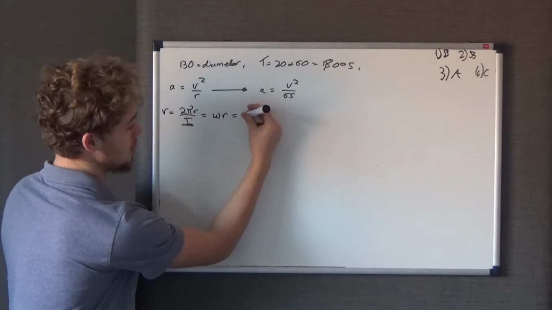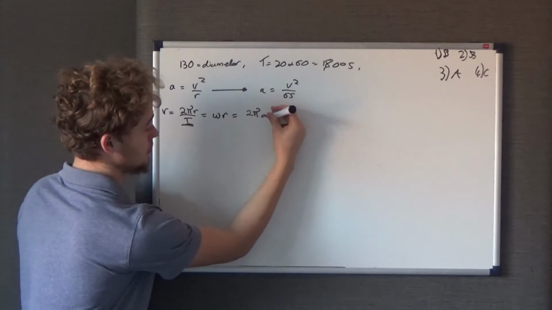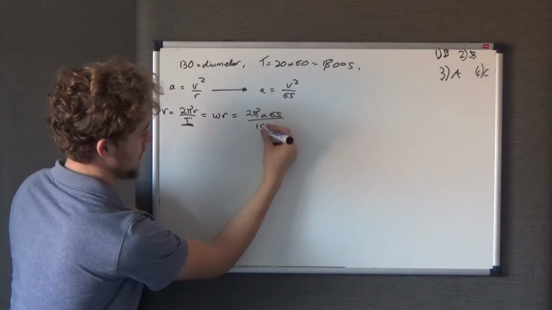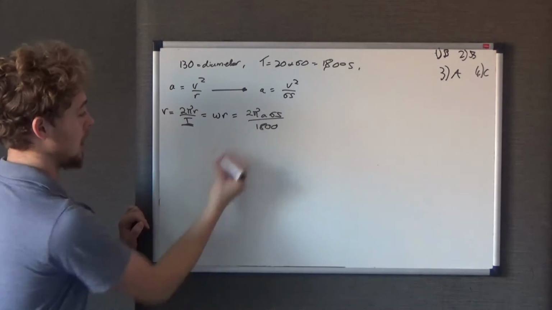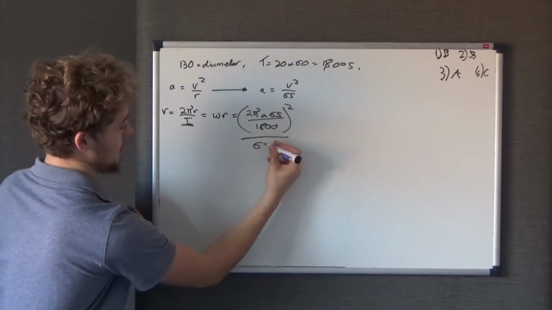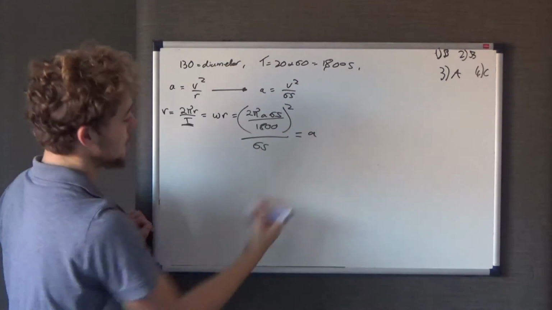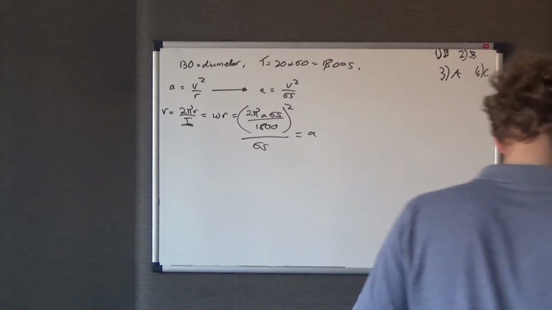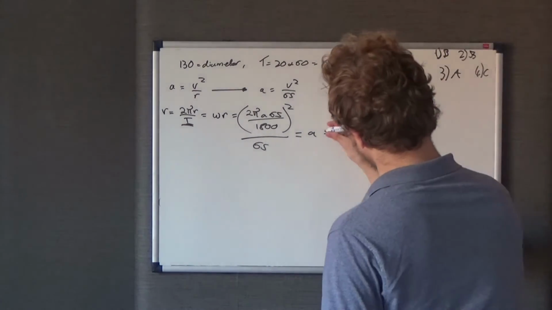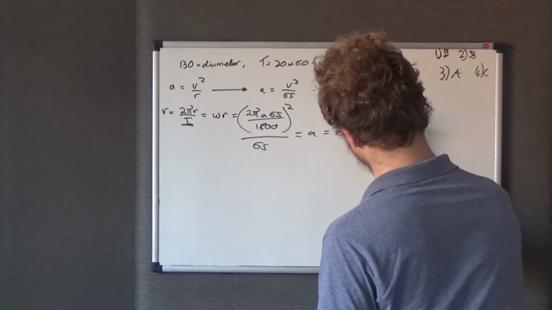So it's 2 pi times 65 over the time period, which is 1800. To get v squared, we square all of that and then divide it by 65, and that gets us the acceleration, which should be 7.9 times 10 to the minus 4 meters per second squared.